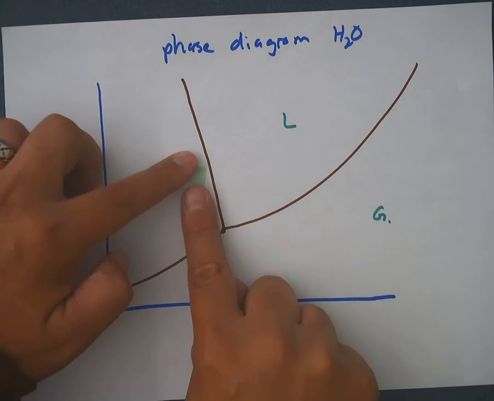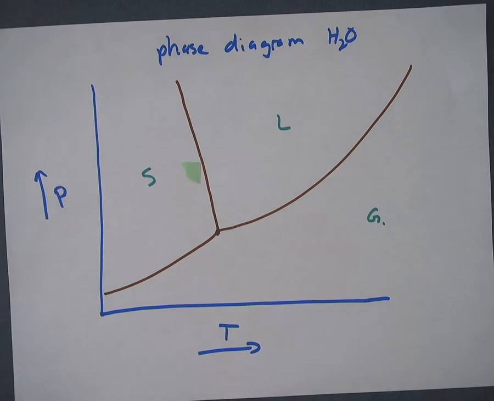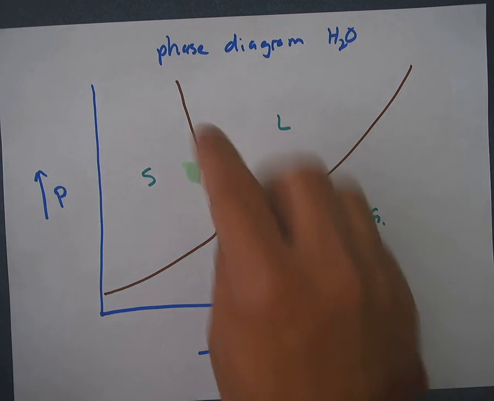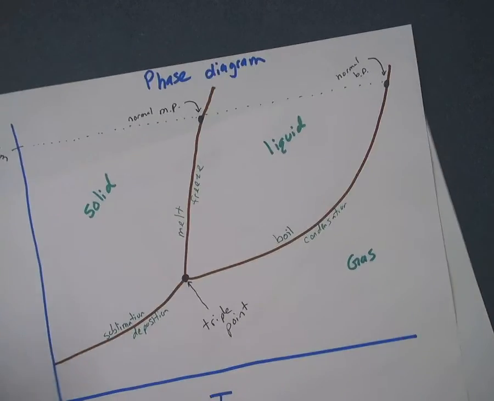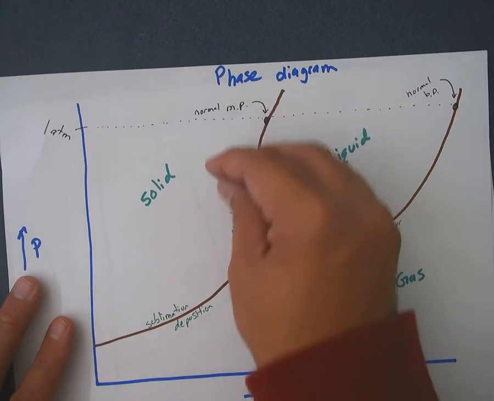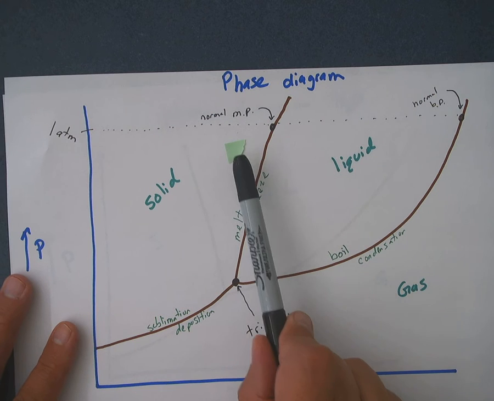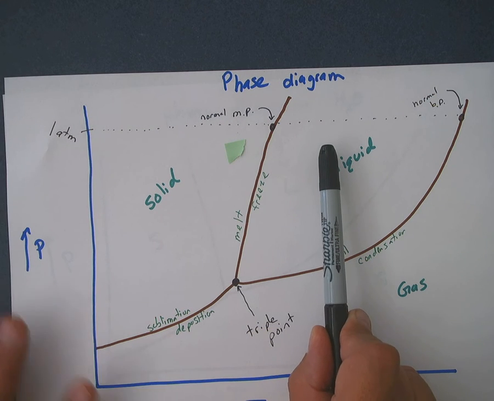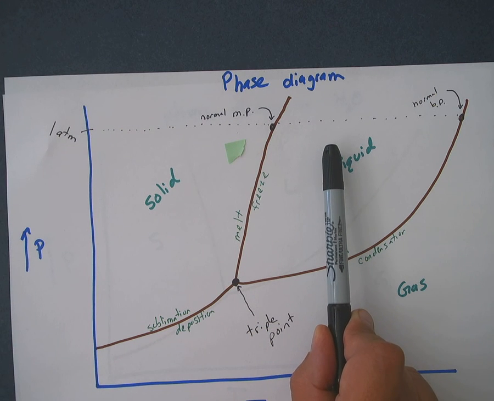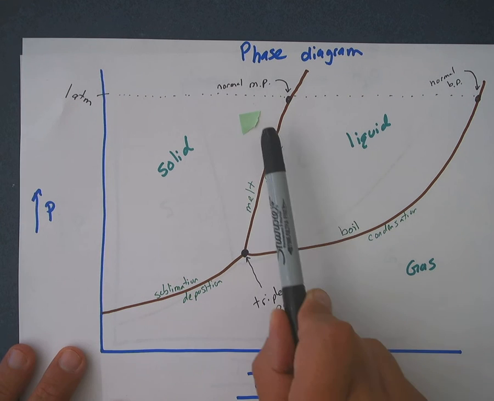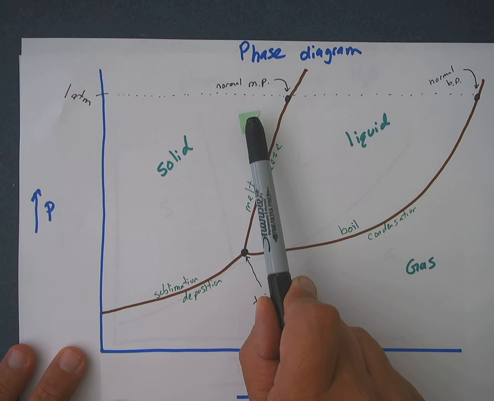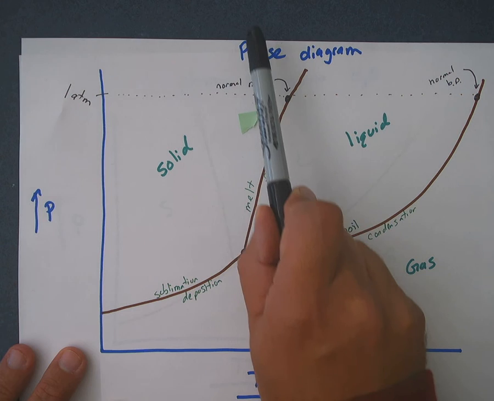Again, if this was our starting point, if we increase the temperature, we could get to the liquid phase, which is different because the line's backwards. If I have a solid right here and I wanted to make it a liquid, I could go this direction and increase the temperature. Or instead, if I went up, increasing the pressure, I could hit the liquid.